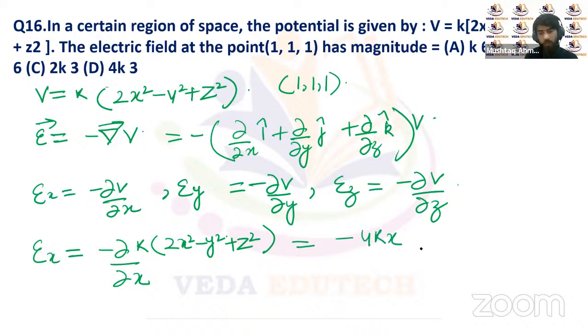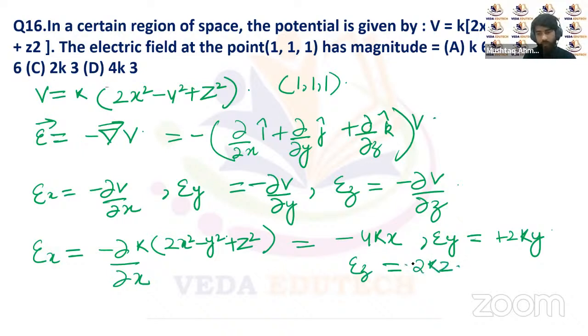Similarly, Ey will be equal to plus 2k into y, and Ez will be equal to minus 2k into z.